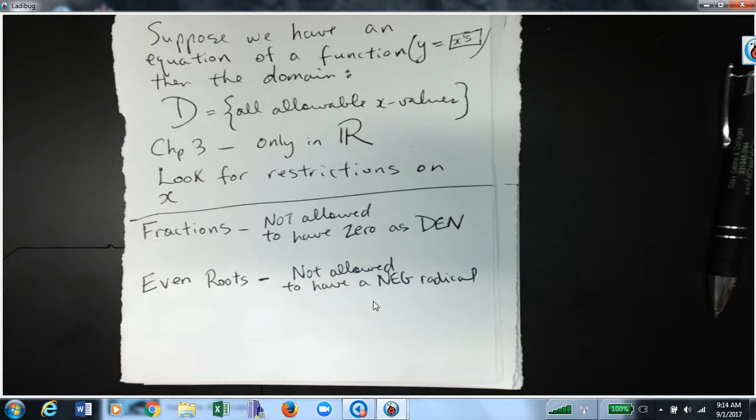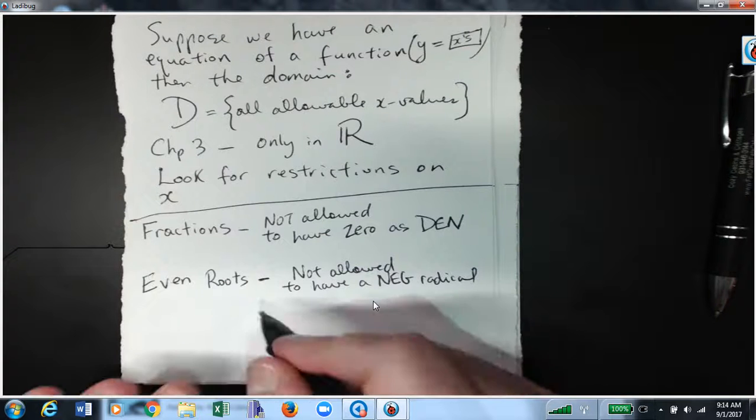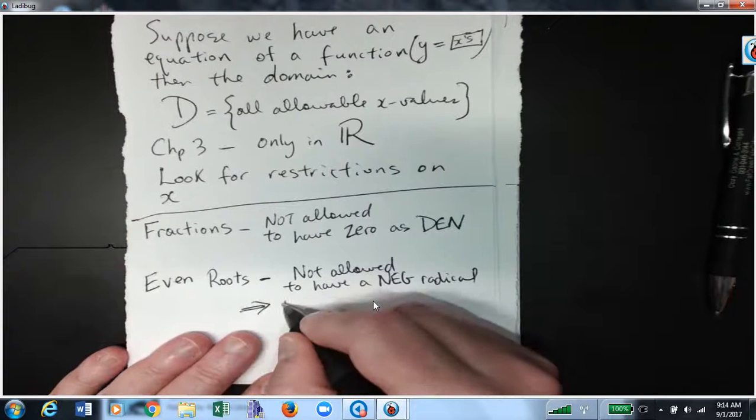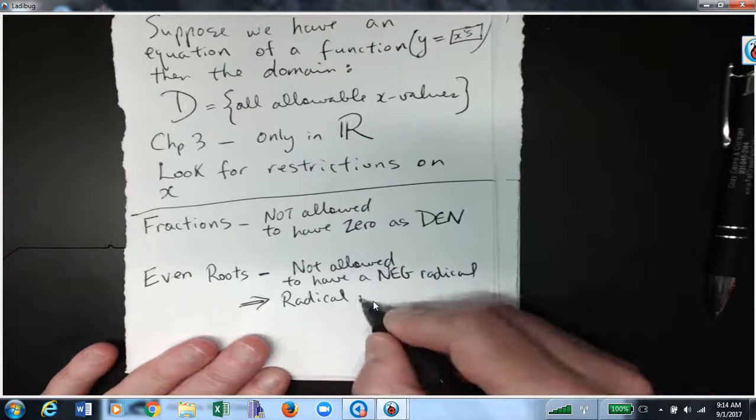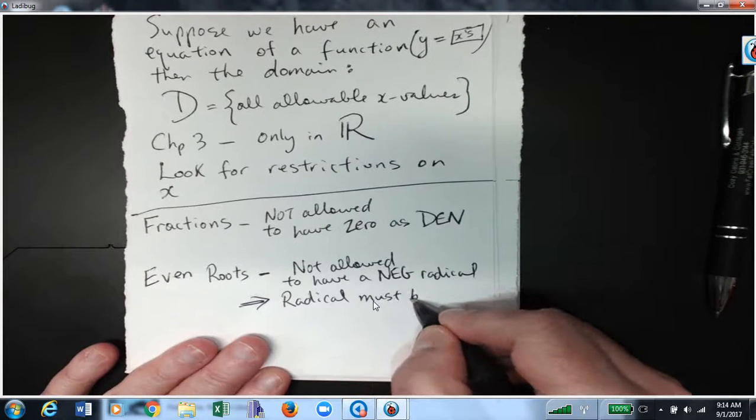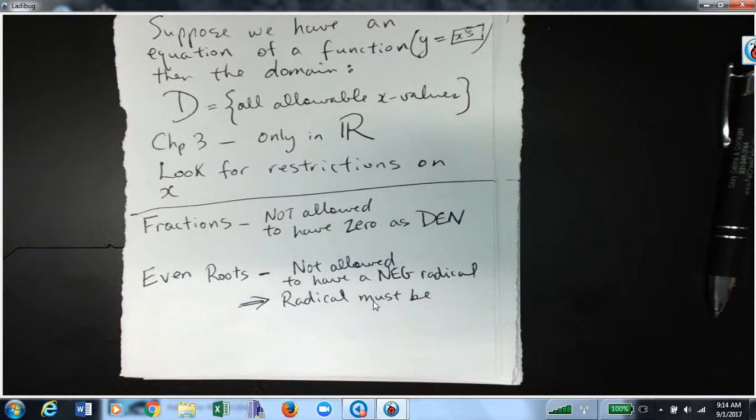Well, if you're not allowed to have a negative radical, what does that mean about the radical? The radical must be what? Well, that's only partly right. If it can't be negative, then what possibilities are there? One is positive.